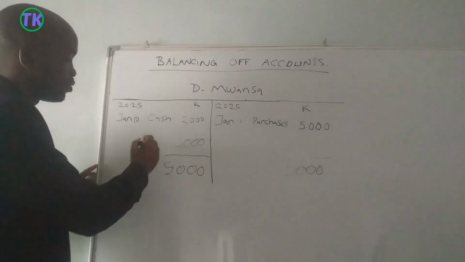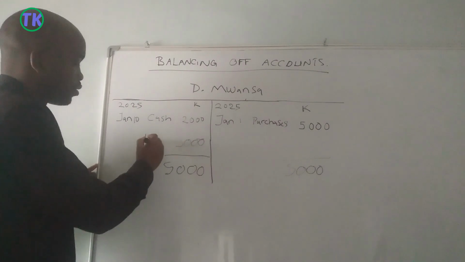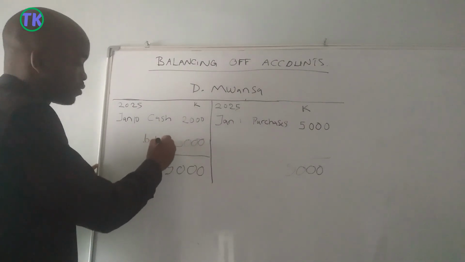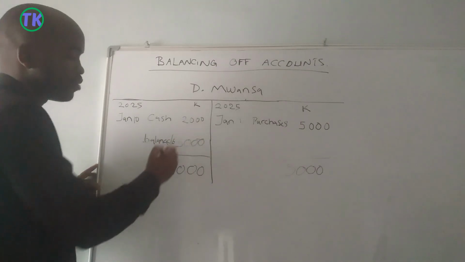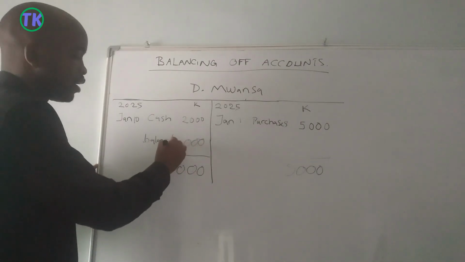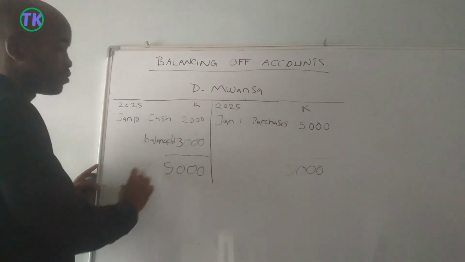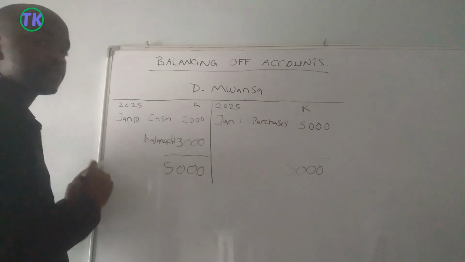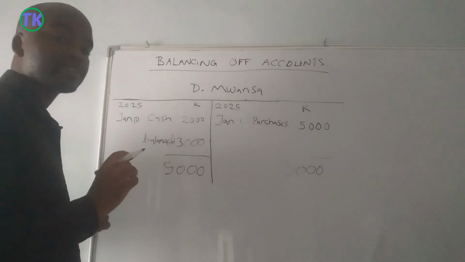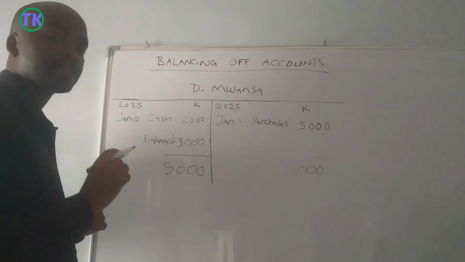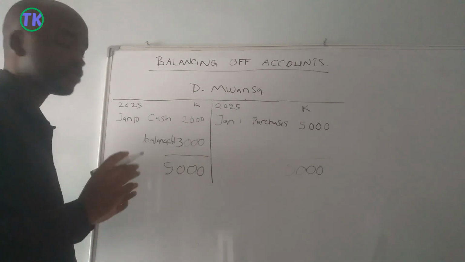So the description will be balance carried down, which is abbreviated as balance c/d. And this is always indicated on the last accounting day of the period.